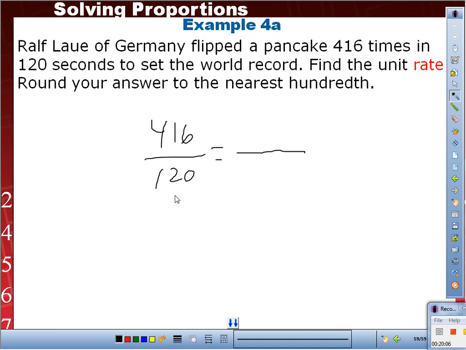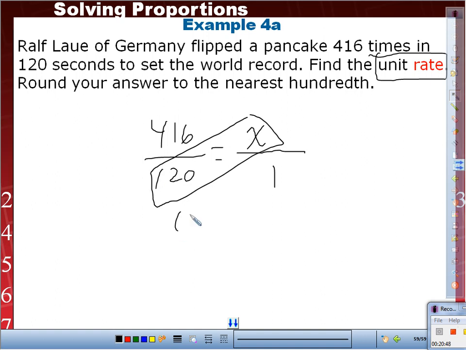The seconds into 1, because we want to find out how many flips in 1 second. That's what we call what?